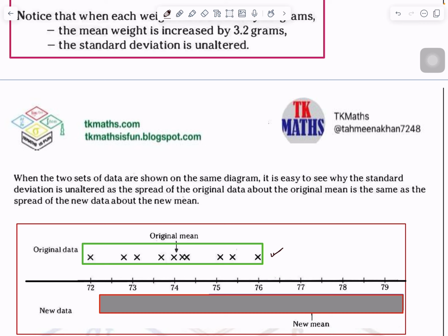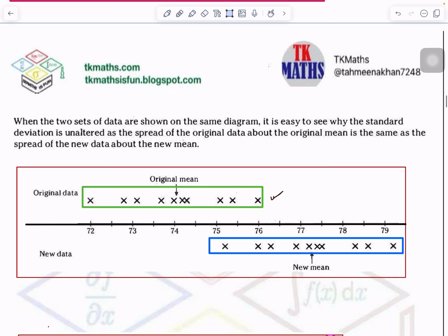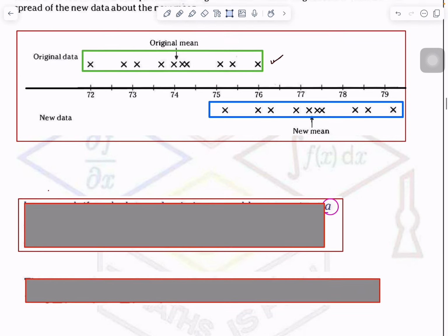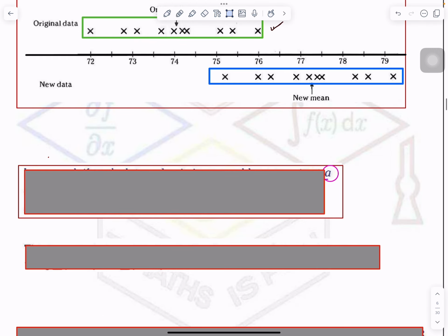So if I show you the same data in terms of the new mean, can you notice it is 100% the same? It seems like it has been translated toward the right, because all the data was increased by 3.2. So that's why the standard deviation remains the same, because the deviation from the mean for each value is the same, whereas the mean has increased by 3.2 gram. So this is something extremely important. Okay.